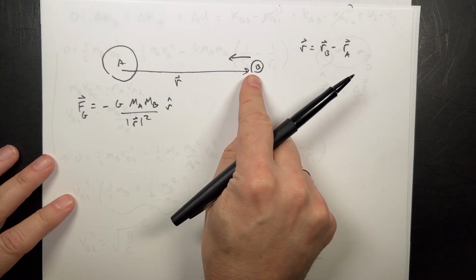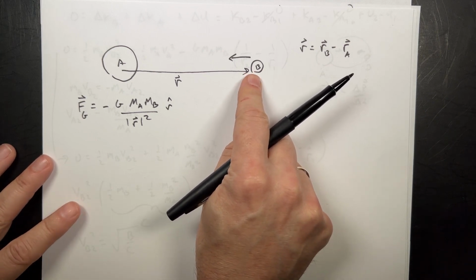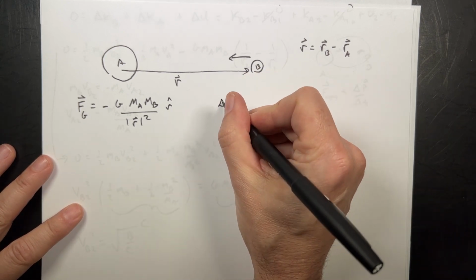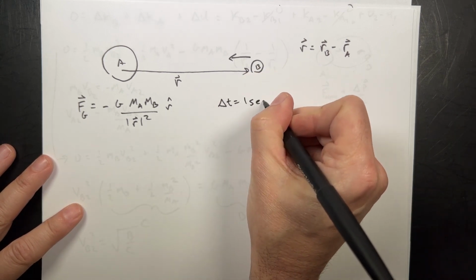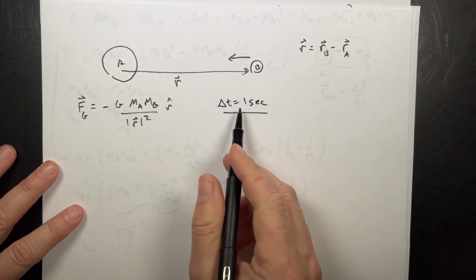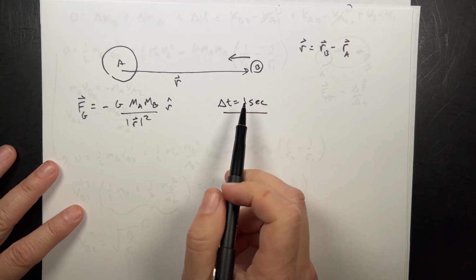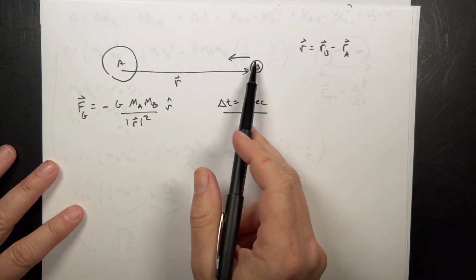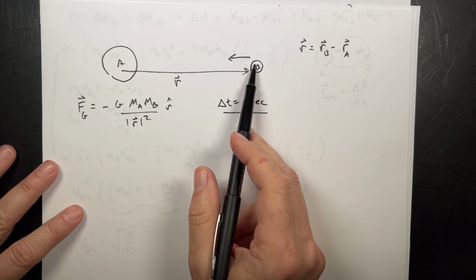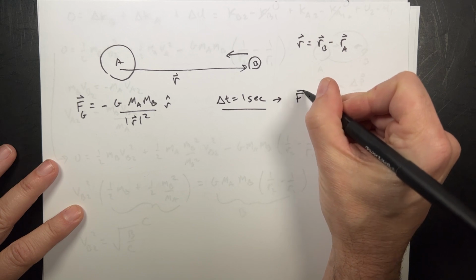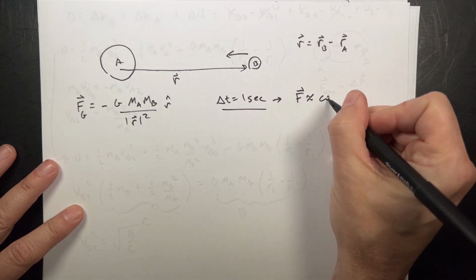Now, let's use that and assume that I break this into a short time interval. Let's say delta t equals 1 second. That will probably be a long enough time interval, but we can change that. And if this is a small time interval over which this thing's moving, then during that 1 second, F is approximately constant.